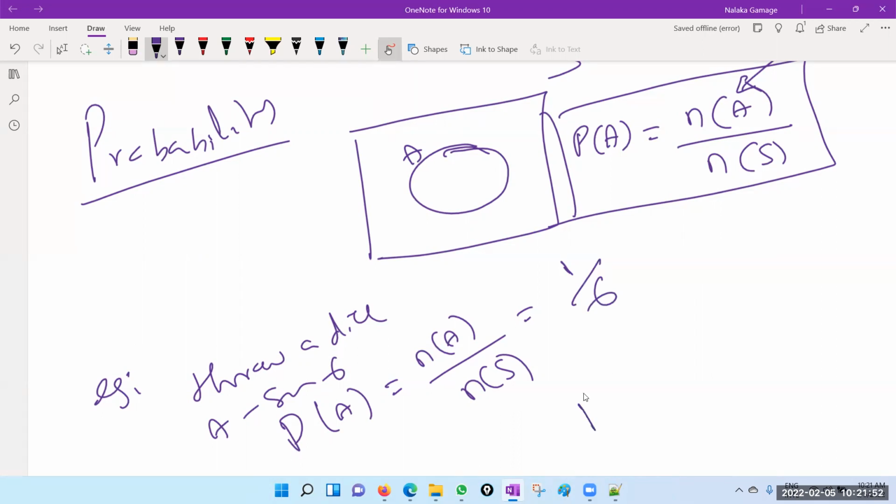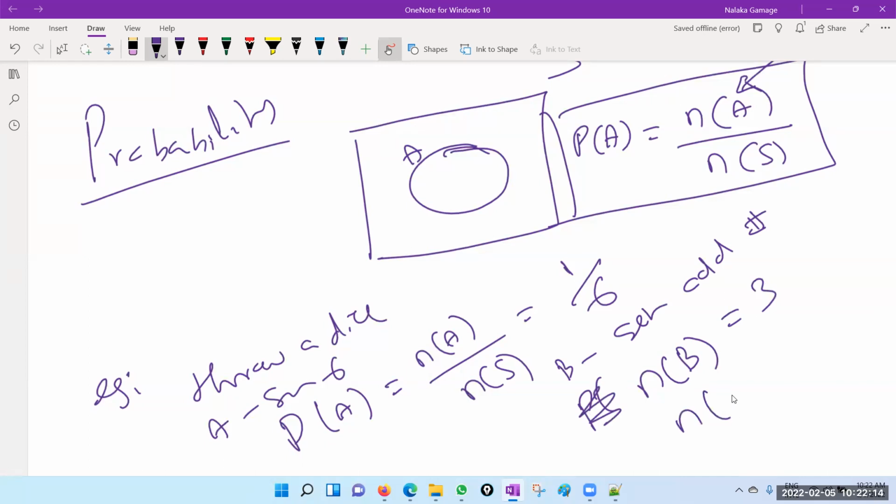Then what is the probability of, say, event B, getting an odd number? How many elements are there in event B? Getting an odd number means getting outcome 1, outcome 3, or outcome 5. So 3 of the outcomes cover this. How many total outcomes are there? 6, because 1, 2, 3, 4, 5, 6.